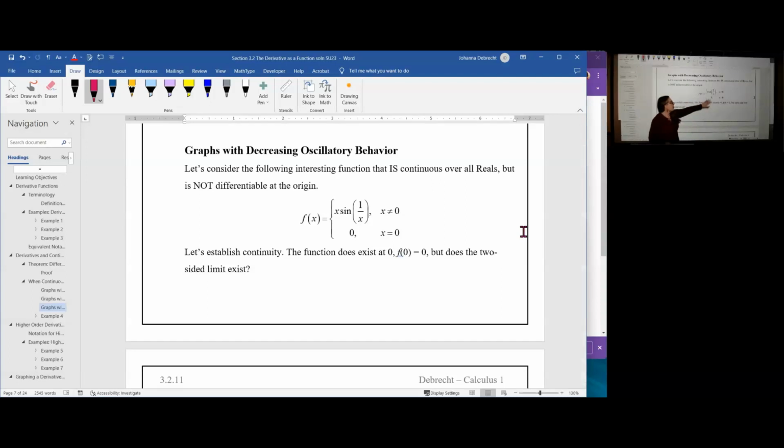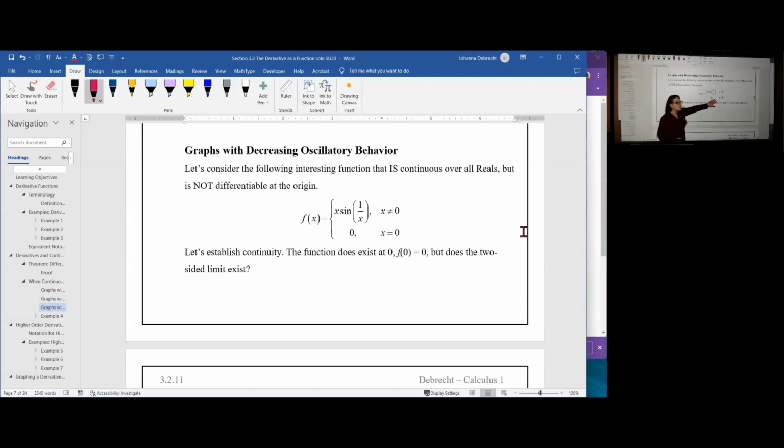If I only had x sine of 1 over x, it would not have a point at the origin because of the 1 over x. That means it would not be continuous because there would at least be a hole of some kind or a break in the graph at the origin. If it's not continuous, it cannot be differentiable because being differentiable means you're continuous.